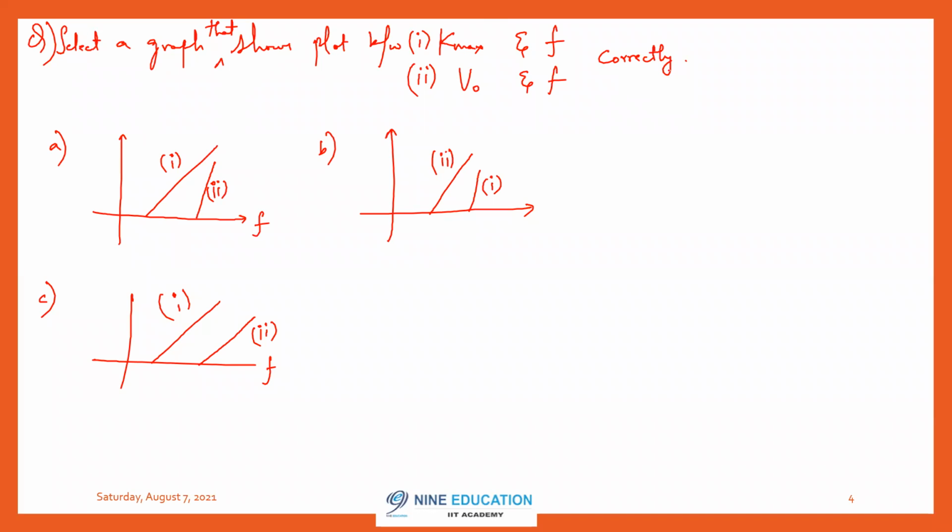I mean, the work function is fixed, and what is V0 here? V0 is stopping potential, and the metal is fixed.